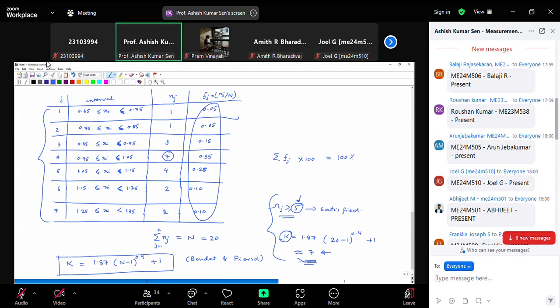That probability will decide the minimum number of measurements that you should carry out.